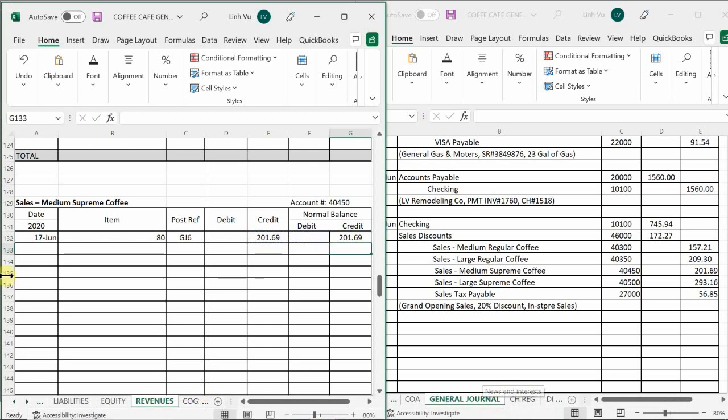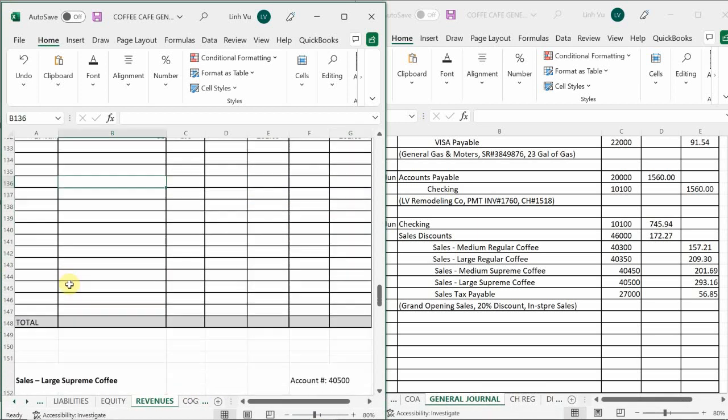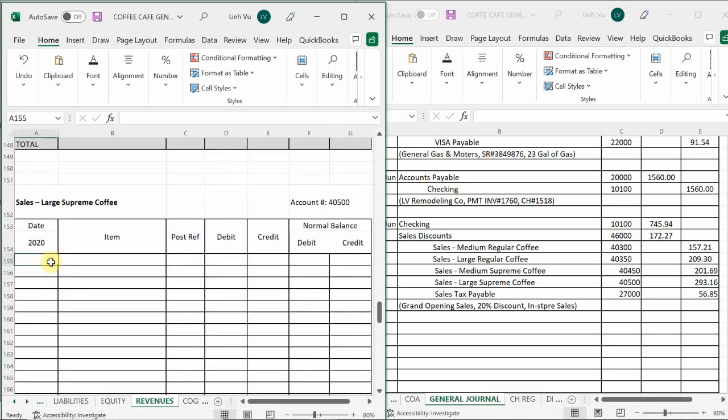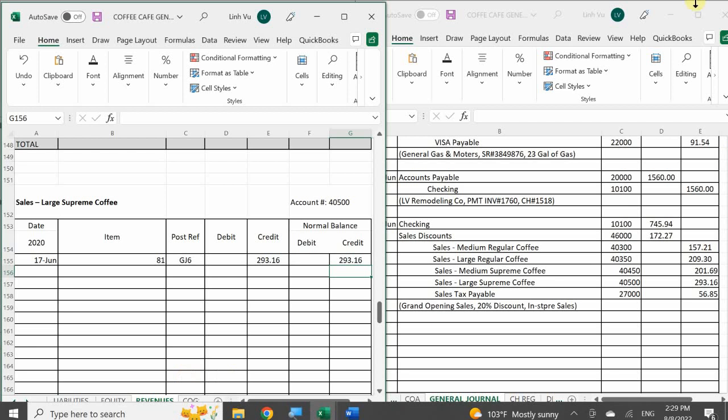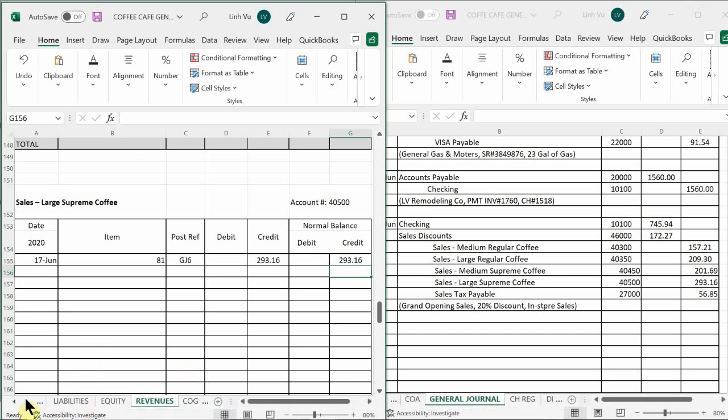And large supreme, we sold 81, and it was 293.16. Okay. And then sales tax payable, that's in liabilities, isn't it?